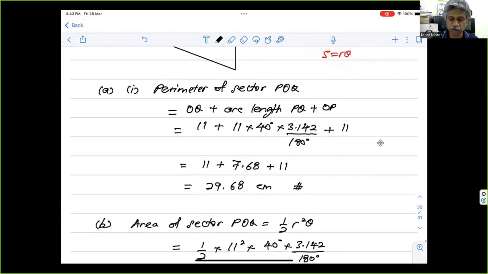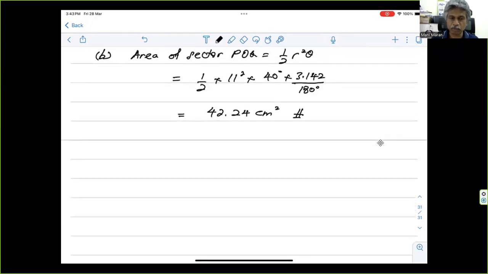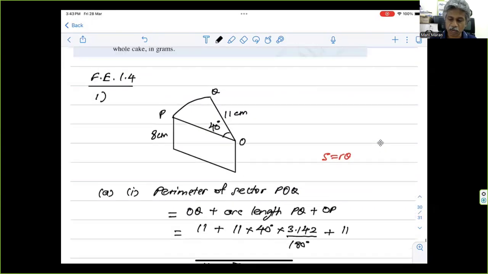And then in part 3, you are asked to find the volume of the piece of cake that has been cut out. Remember, whenever you want to find the volume of an object, you can take the base area multiplied by the height, provided the cross section is the same at every height. In this case, it doesn't matter at which level you cut the cake, the cross section will look the same.